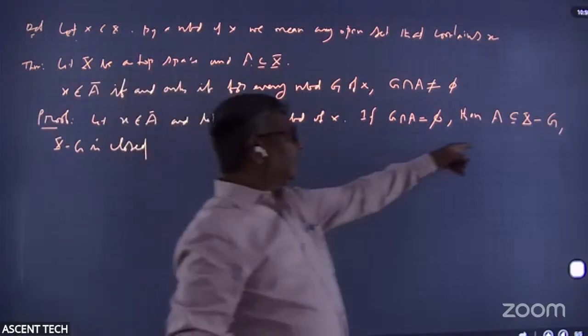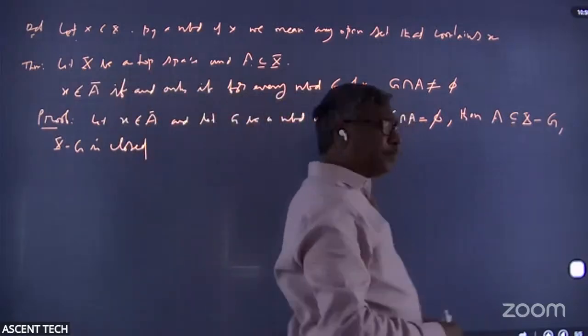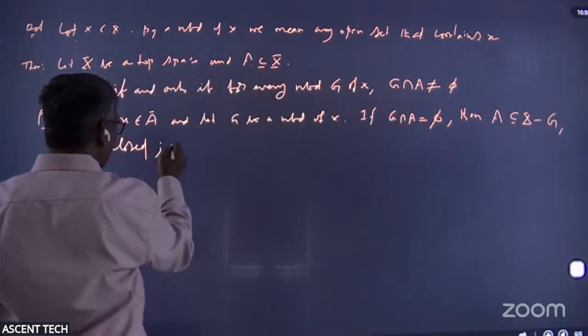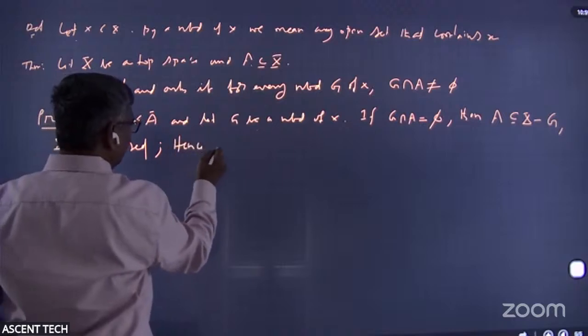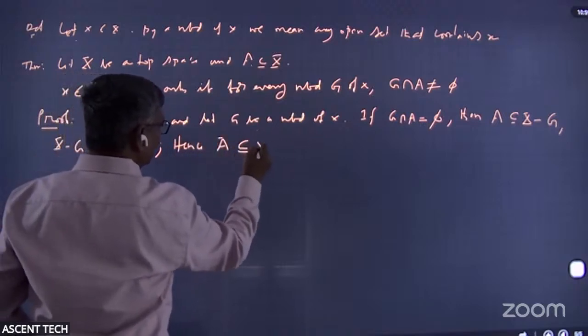A is contained in the closed set, so its closure is contained in X minus G.